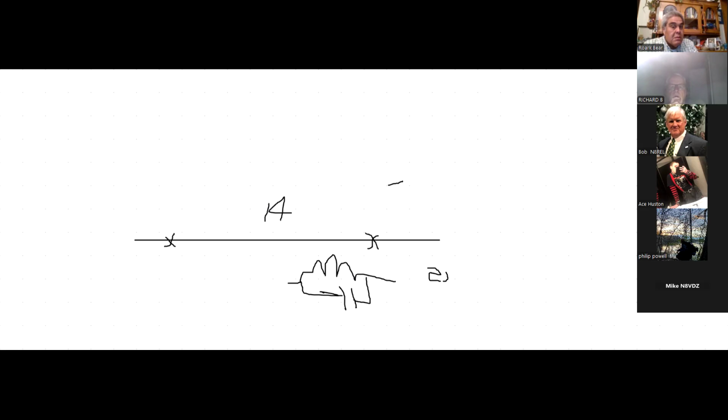What I'm doing is electronically cutting the antenna to a different length so it will be resonant at 21 megahertz. And I can put another one of these circuits in.